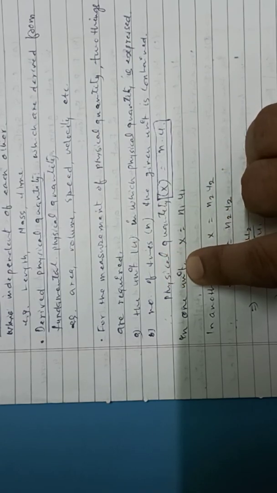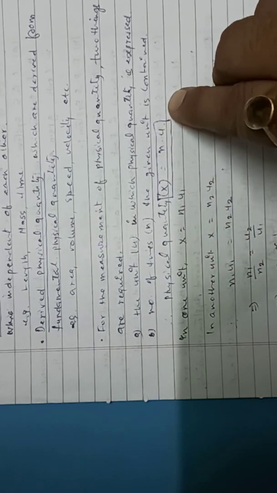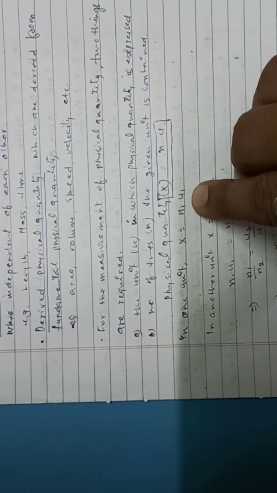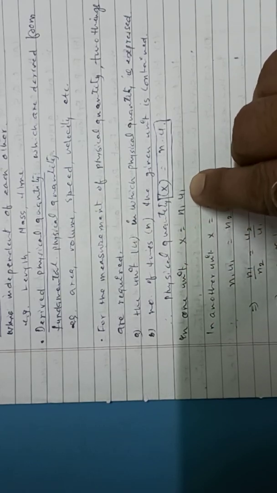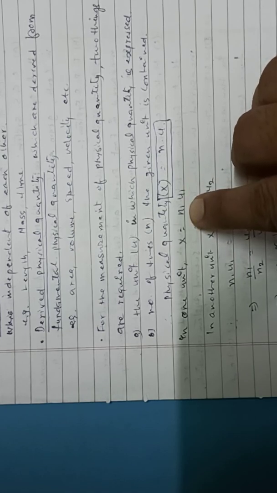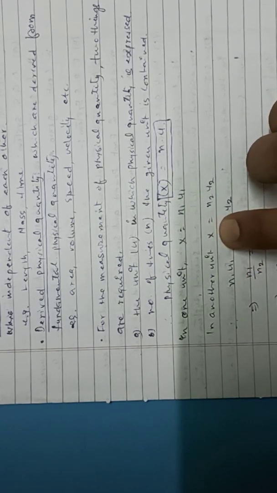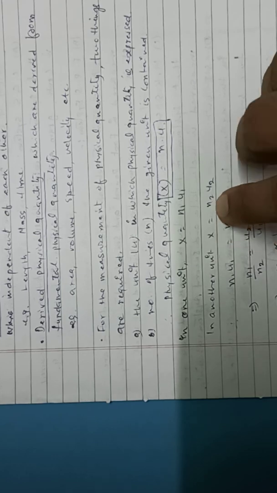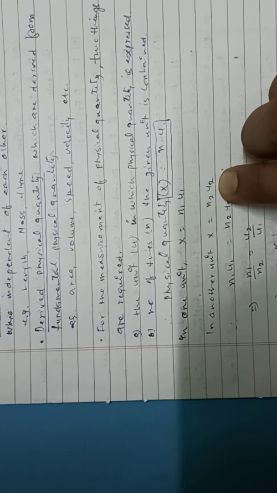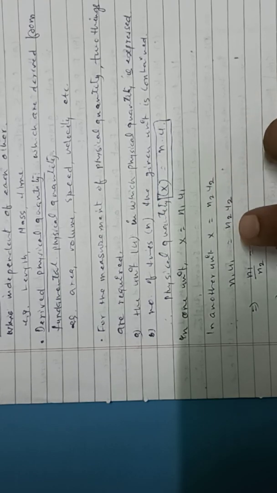So that physical quantity X is equal to N times U. In one system, X is equal to N1 U1, where U1 is the unit in one system, N1 number of times in that system. For another unit, same physical quantity X is equal to N2 into U2, where U2 is the unit used, N2 is the number of times.